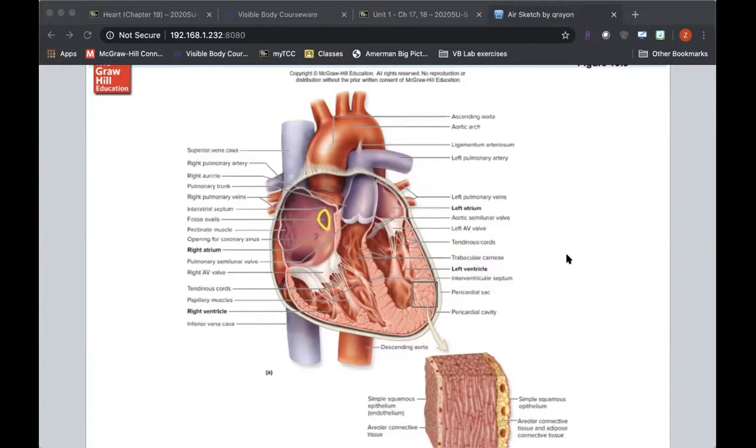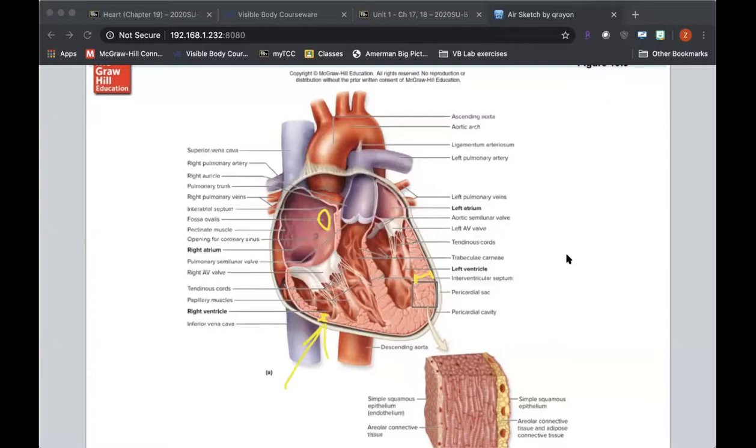Notice the wall of the left ventricle, the outside wall especially, is about that thick. What about the right ventricle? The right ventricle is way thinner than the left ventricle.